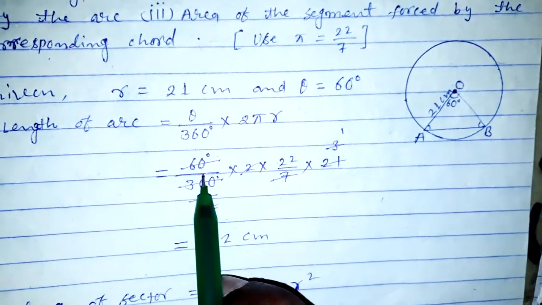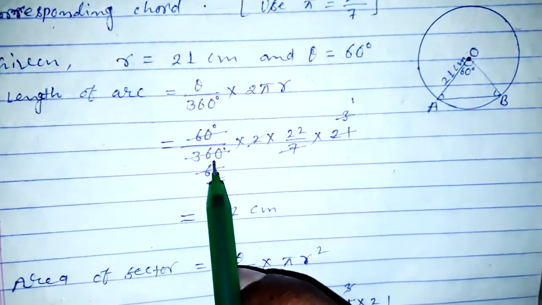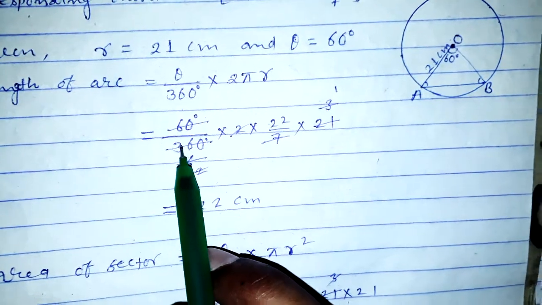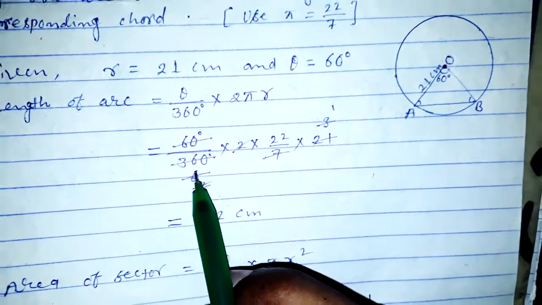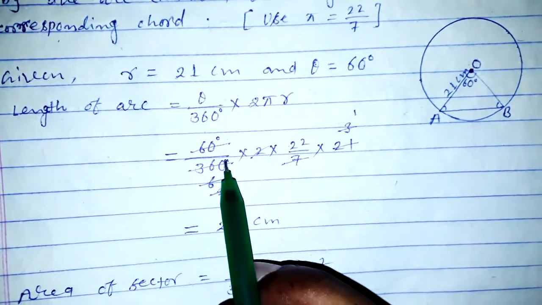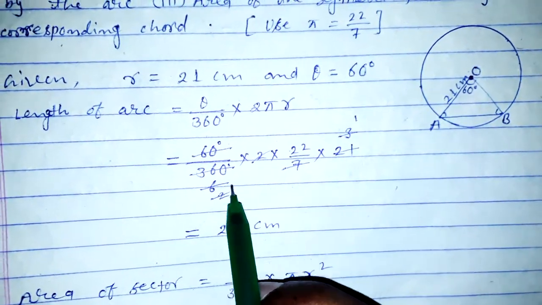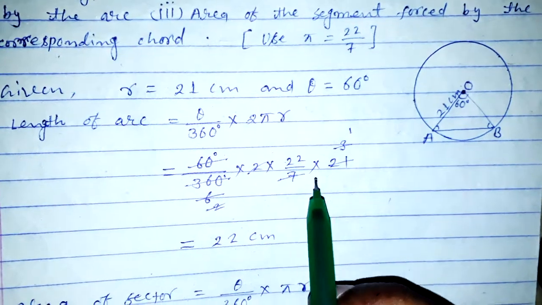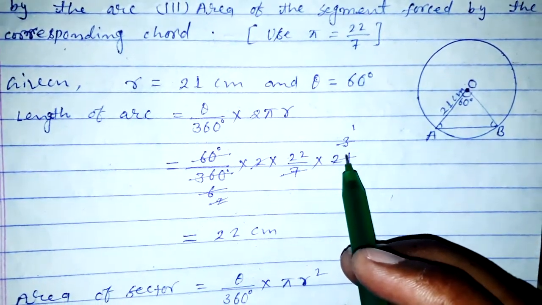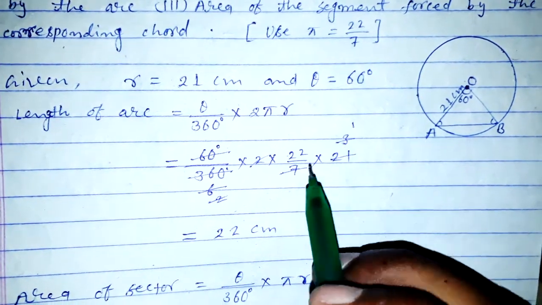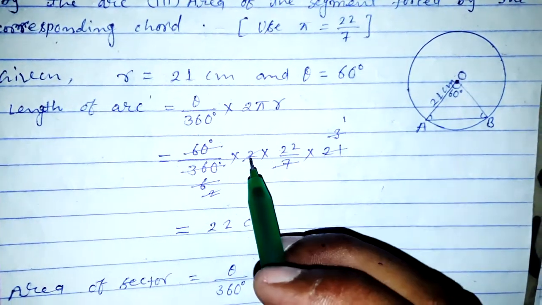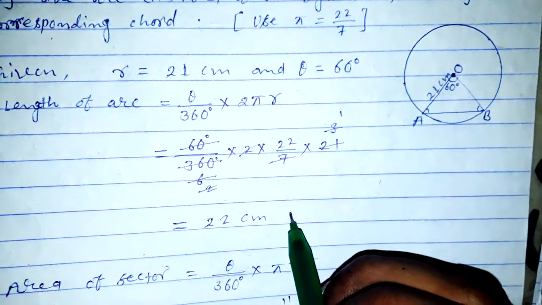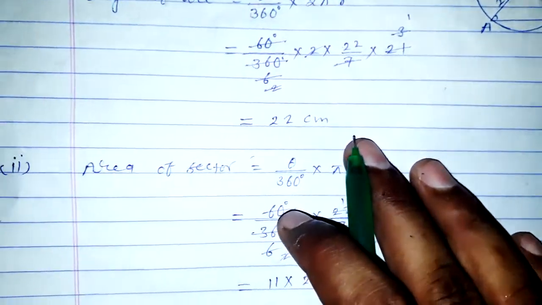So divide here, 6 6's are 36, zeros also cancel, 2 and 7 3's are 21, and 3 1's are 3, 3 2's are 6, 2 1's are 2. So this is 22 centimeter, this is the length of arc.